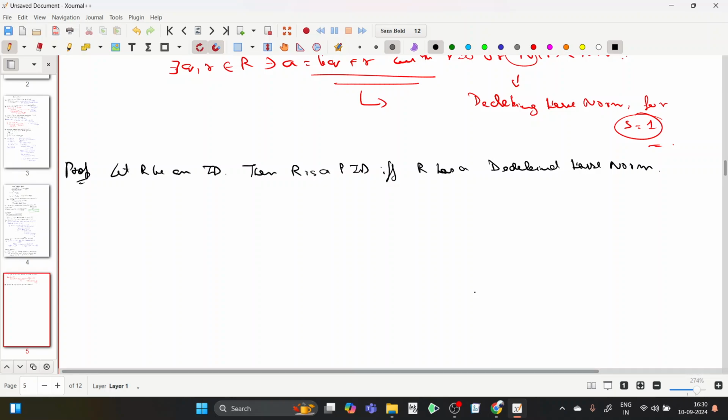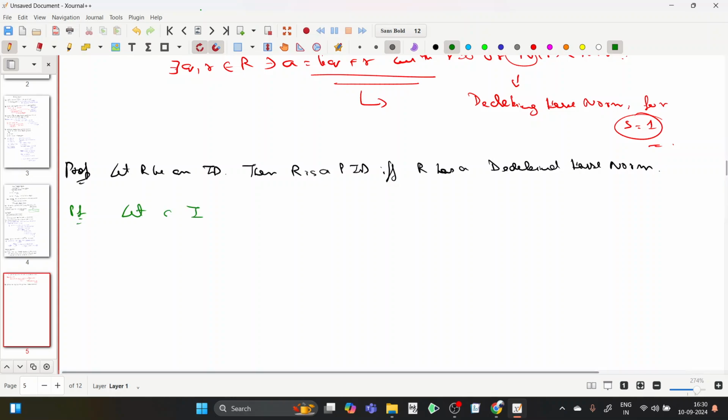And this Dedekind Hasse norm is exactly the tool which we would require to show that the quadratic ring Z[(1 plus root minus 19)/2] is a PID. But that's still quite a complicated set of statements, so we are going to avoid this for now. Proof of this statement is quite simple.